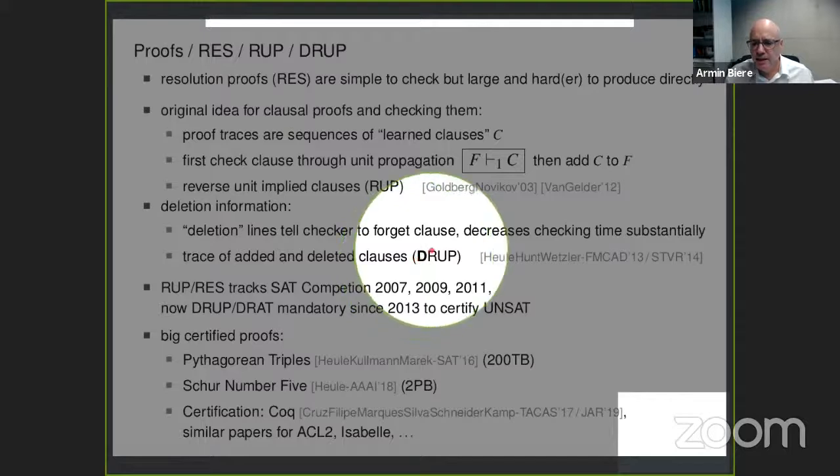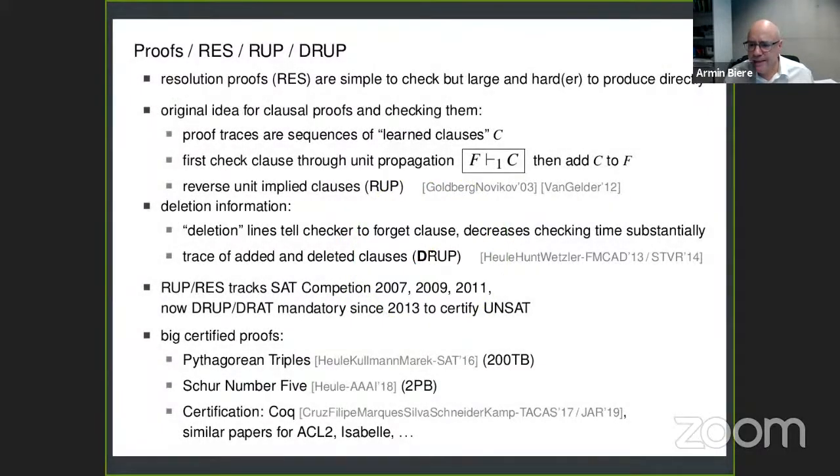And the D is very cool. Marijn had this idea that, well, why is checking a proof so much slower? Well, because the checker has all the clauses, while the SAT solver, of course, throws away clauses all the time. So we discussed this just before, right? So this reduce is very important. And with this Glucose-style LBD-based reduction, you throw away, I think, like 95% of the clauses or even more in a real run.